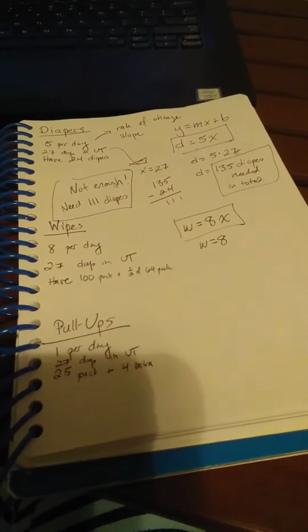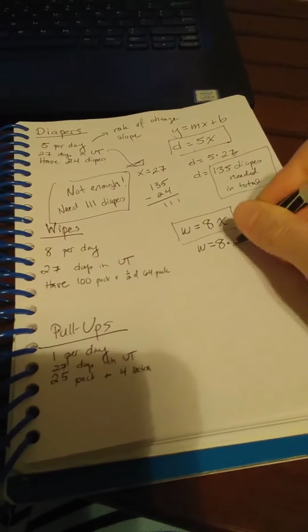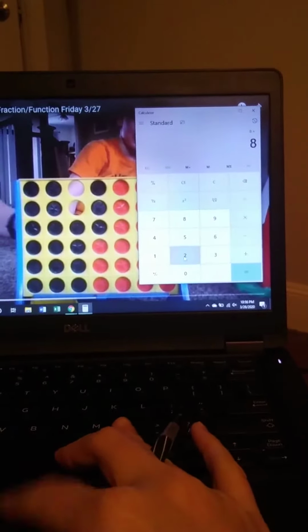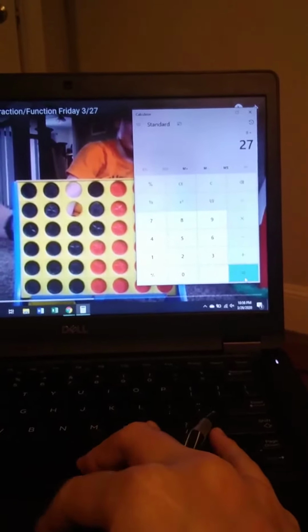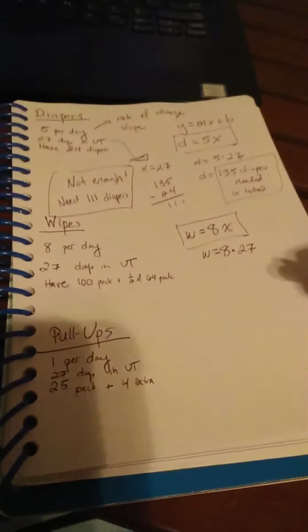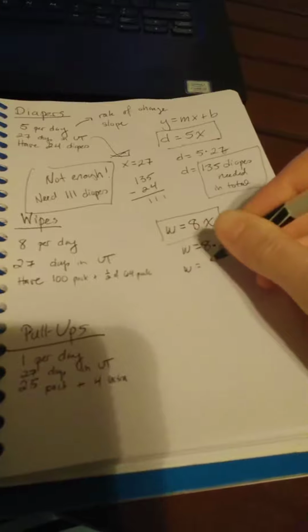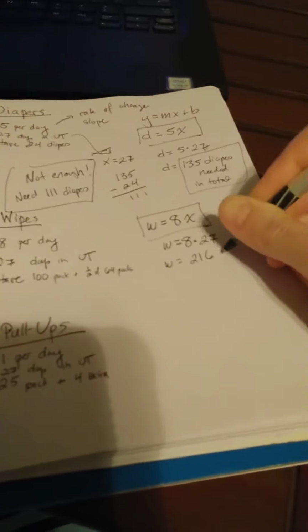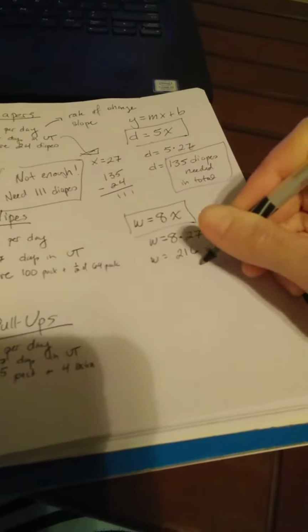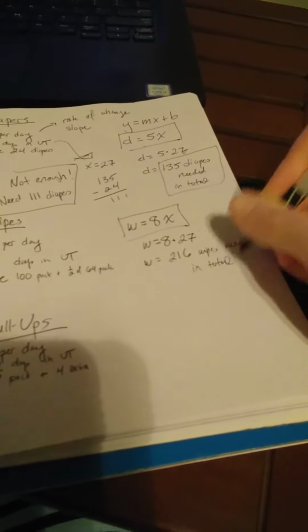What operation is that? Multiplication, 8 times 27. Let's go back to our calculator. 8 times 27 is 216. 216 wipes needed in total.